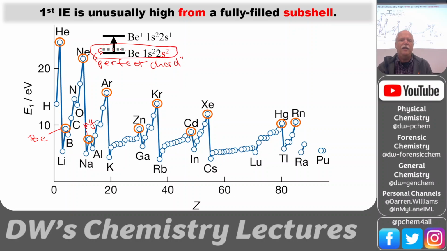So here the neutral is stabilized. What is that arrow going to do when the neutral is stabilized? If it wasn't stabilized, the arrow would be this long, but because it's stabilized, the arrow is longer. And that arrow is the ionization energy. So the ionization energy goes up when you have a perfect electron configuration in the neutral, the ground state.